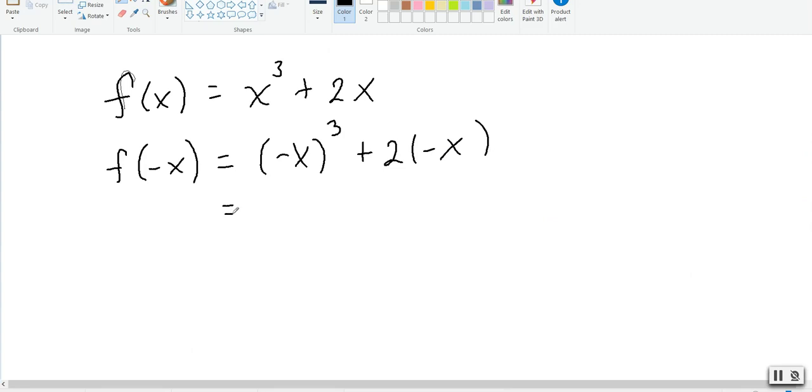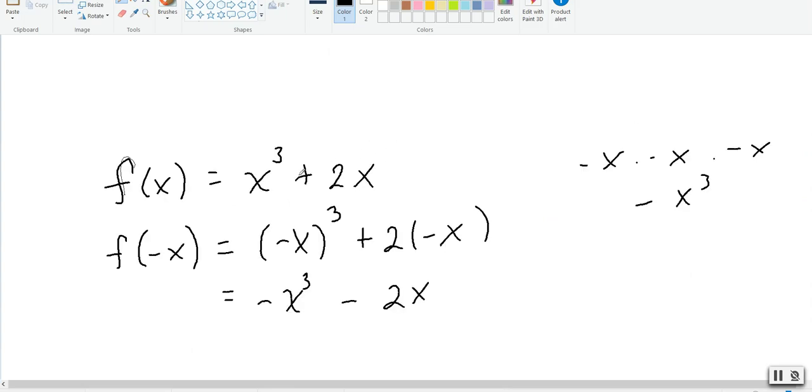That would give me negative x cubed, because think about this, negative times a negative times a negative is a negative x cubed. And this will give me a positive times a negative, minus 2x.